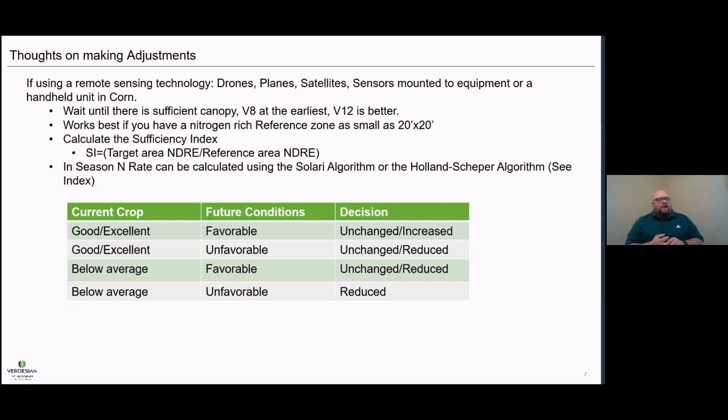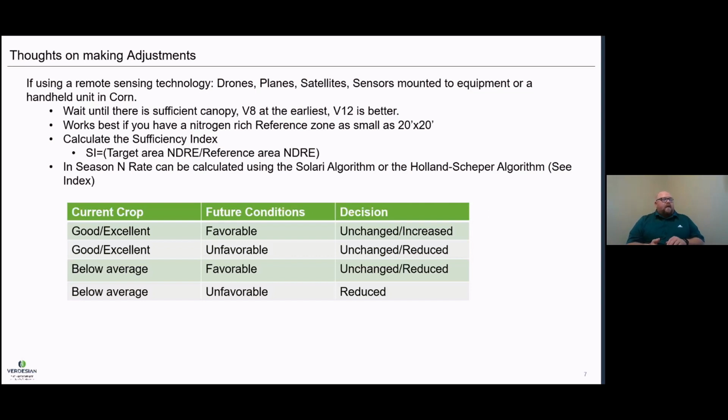I try to include a nitrogen-rich reference zone, and that zone can be as small as 20 by 20 in some cases if you're using the handheld unit. And then I like to calculate what's called the sufficiency index. That sufficiency index is really the difference between the target area NDRE, which is a combination of the NDVI and the red edge, and the reference area NDRE.